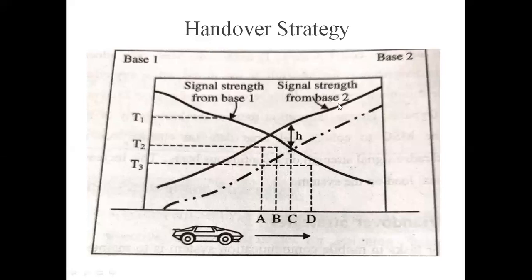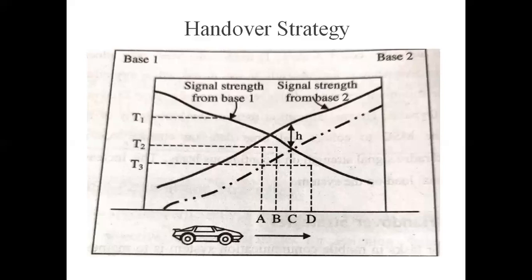Now, in the next strategy, what happens if the current signal level drops below a threshold and the target base station is now stronger than the current one by the hysteresis margin?